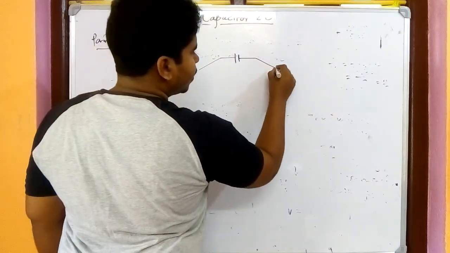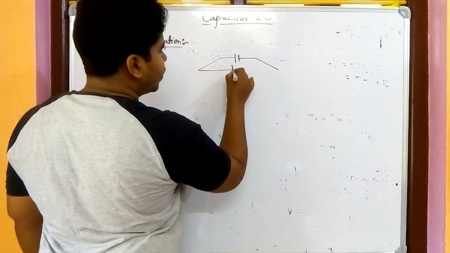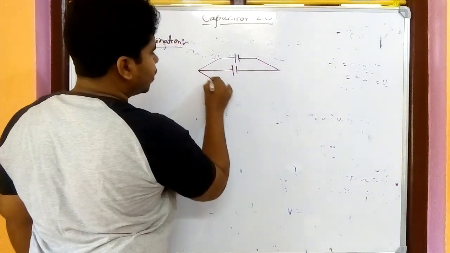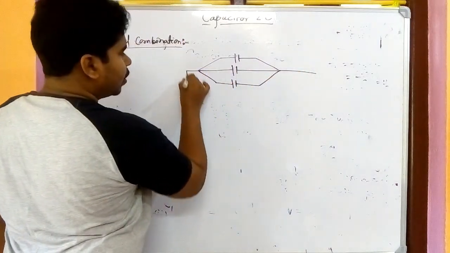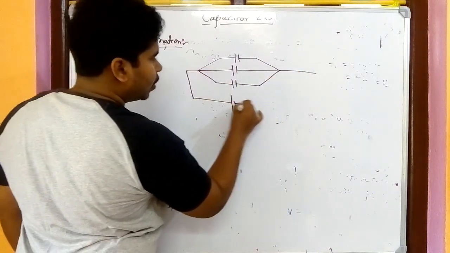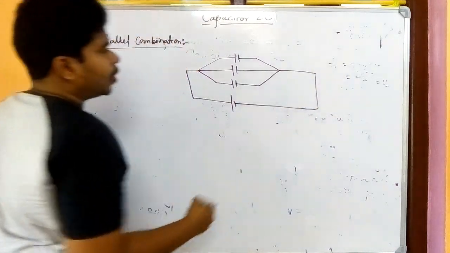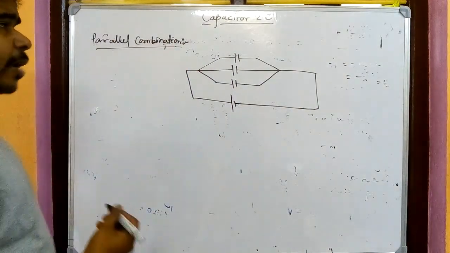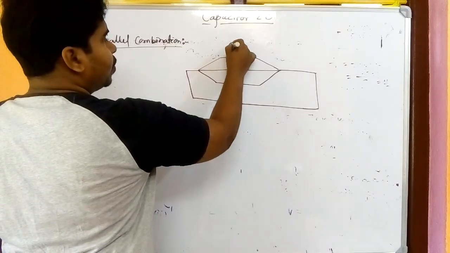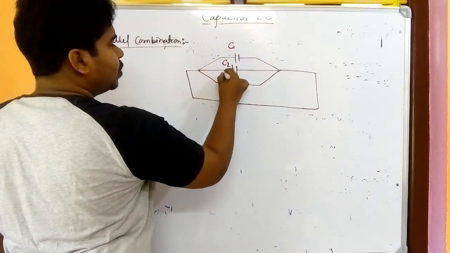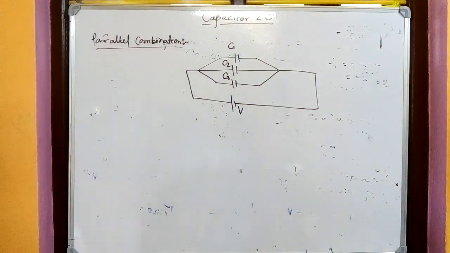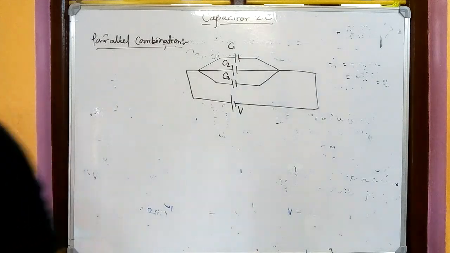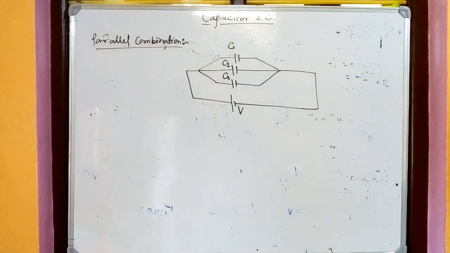Instead of resistors we have given capacitors. Here also I am taking the same capacitances C1, C2, C3. Potential is V, but here it is connected in parallel.